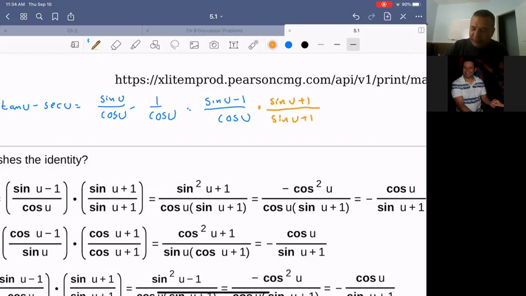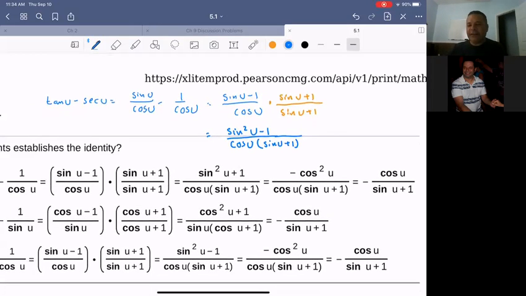Remember, we want to get that sine squared of u minus 1. So we get sine squared of u minus 1 over cosine u times sine u plus 1. Okay, so far so good. Now that sine squared of u minus 1, that's the negative of cosine squared.